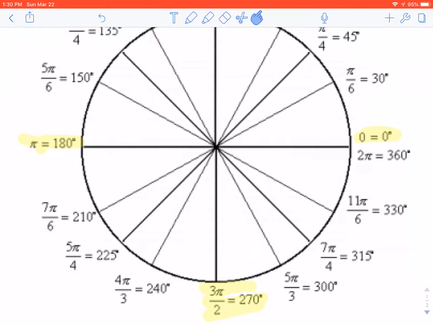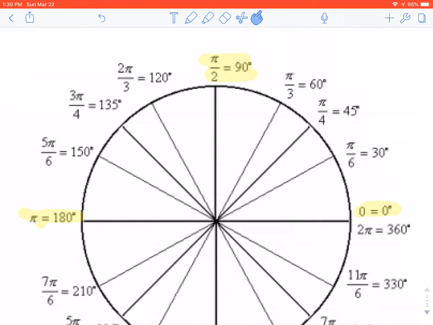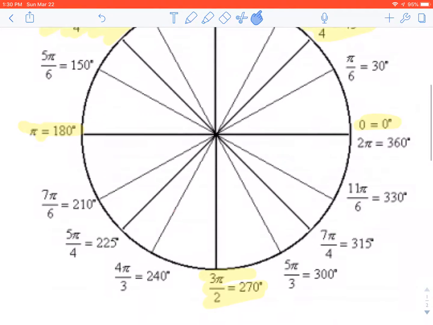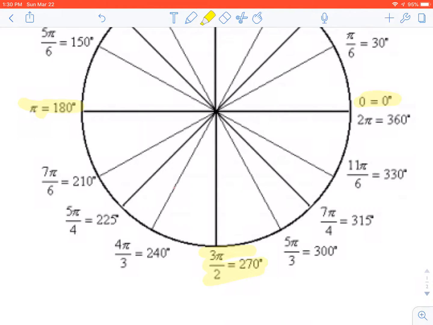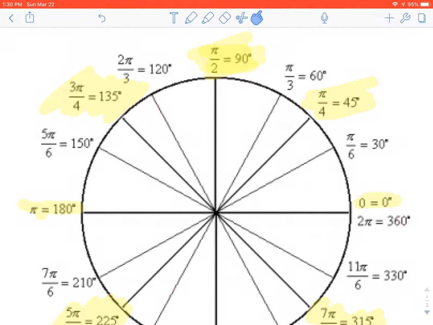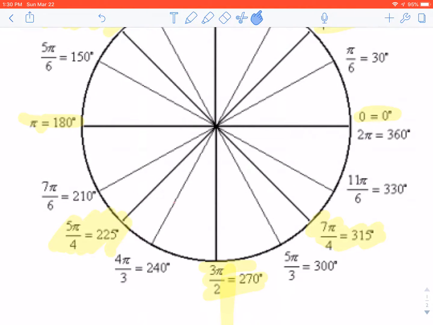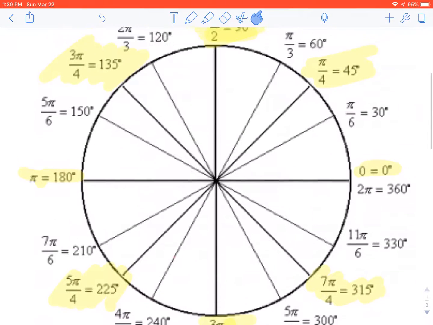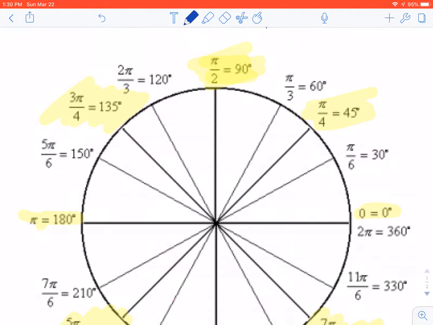Okay, and then I'd probably do the 45s. I'm just counting. So 1 pi over 4, 2 pi over 4 I already have, 3 pi over 4, 4 pi over 4 is pi, 5 pi over 4, 6 pi over 4 I already have, 7 pi over 4. Then I can go and put those in degrees: 45, 90, 135, 180, 225, 270, 315, and back to 360.